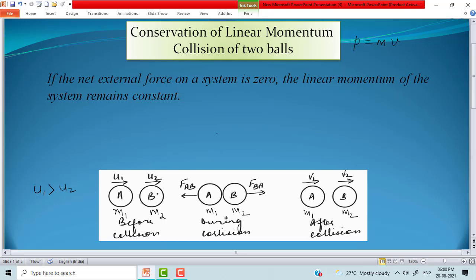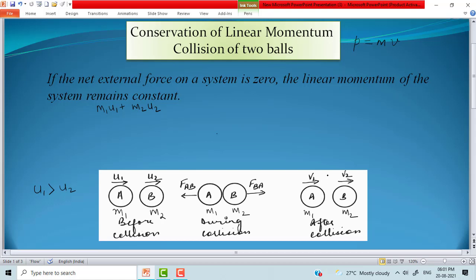Then the total linear momentum will be m1 u1 plus m2 u2. This is the total linear momentum at the initial state, the total initial momentum. Okay. And what is the final momentum?